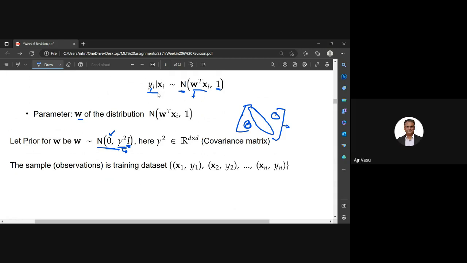Sir, basically the diagonal entries are the variance of each of the features, correct? Just to make it the variance, we are multiplying it with I. Yeah, for the identity. And sir, why are we assuming that the rest of them are zero? Because there is no covariance between features. We'll answer why we choose a zero prior for the W vector. No, the mean is fine, sir, I understood.